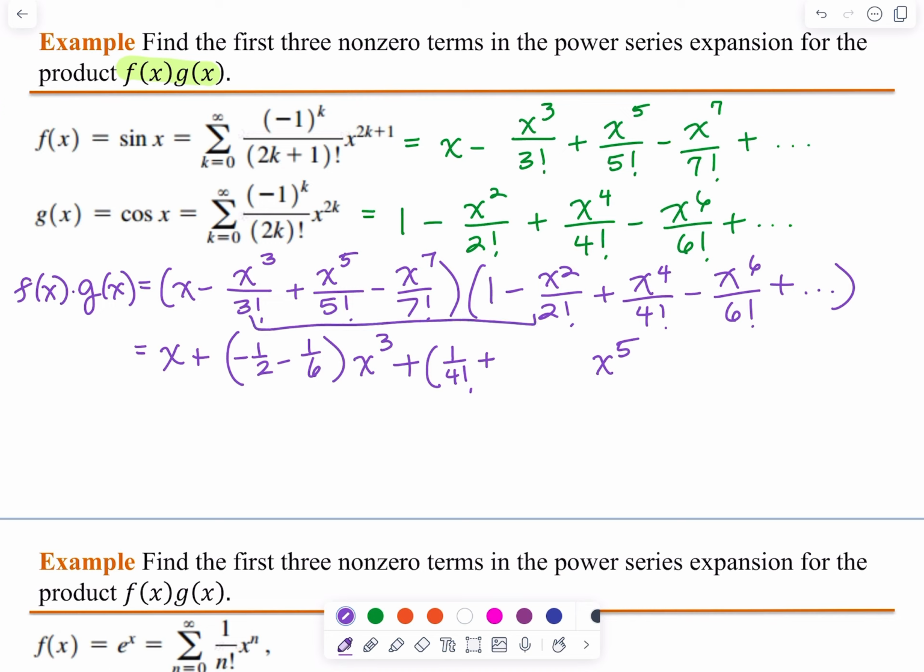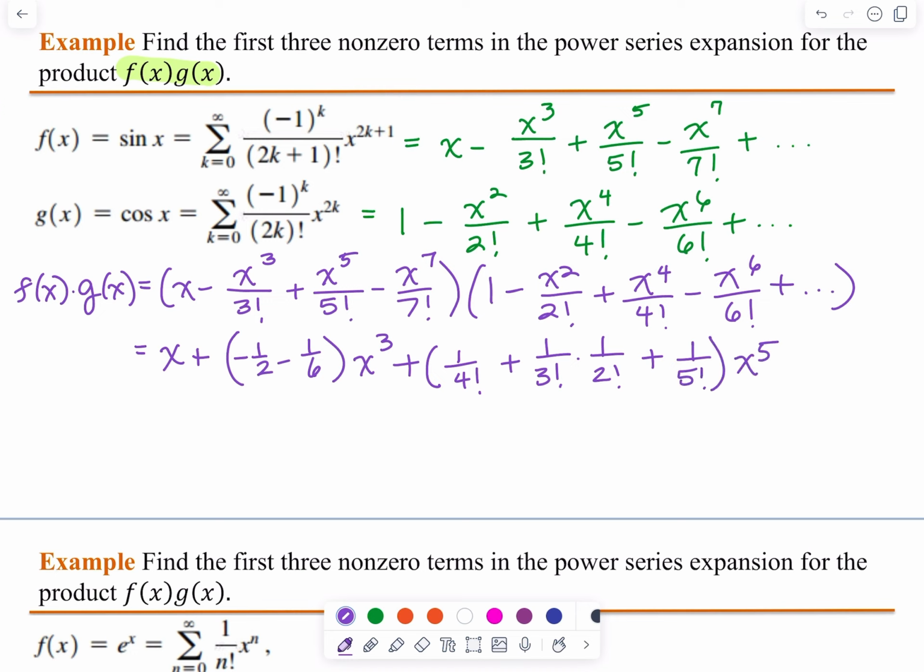So that's 1 over 3 factorial. And I'm just going to wait on this x to the 5th because I don't know how much room I need. So we had 1 over 4 factorial, and now we have 1 over 3 factorial multiplied by 1 over 2 factorial plus, and now we've got this term, which is 1 divided by 5 factorial. And those are going to be my x to the 5th terms.